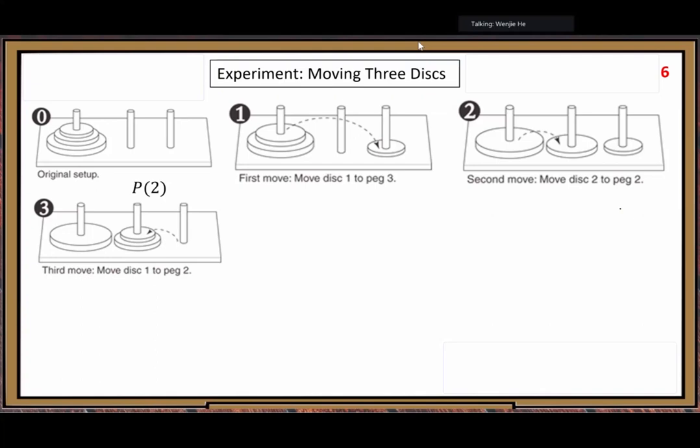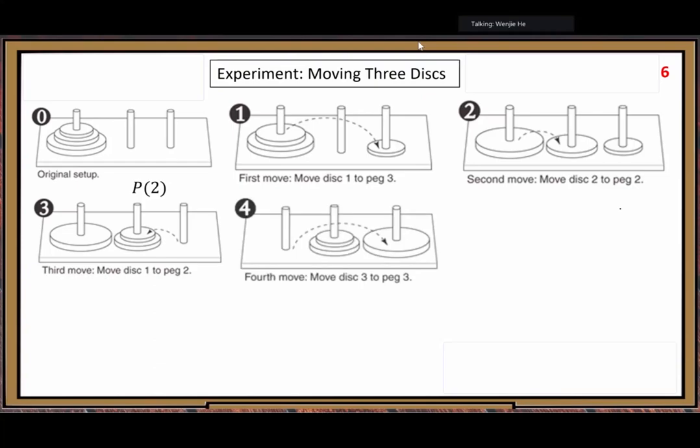P of n is our n disk solution. P of n, that's our ultimate goal, right? Our ultimate goal is to find that P of n solution. All right. Step 4: you place the largest disk on the destination peg.